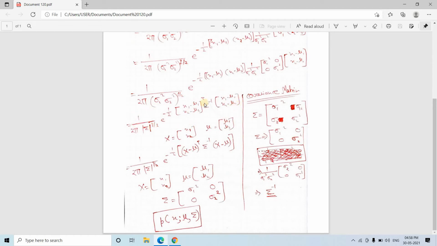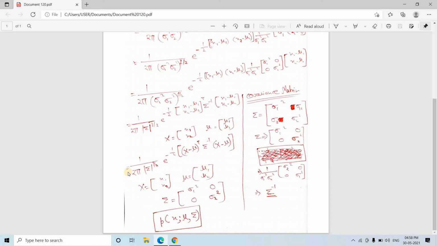Now instead of representing like this, let us consider capital X, which is a vector. Okay, first element is x1 random variable, second element is x2 random variable, and mu, this new mu, as a mean vector, which is having mu1, that is the mean of our x1 random variable as first element, mu2, that is the mean of our x2 random variable as second element. Then we can replace in this equation this way. Okay, so what is f of x1 comma x2?